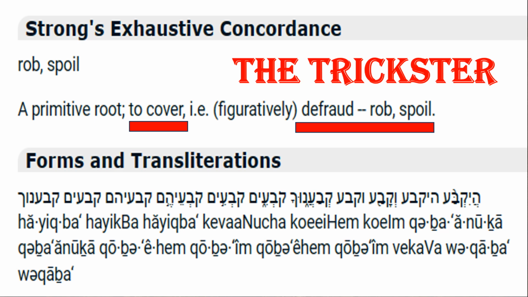Okay, so cabal is another word for trickster. And so we've got this entity that's understood as a war entity, a trickster entity, a robber entity, all rolled into one.